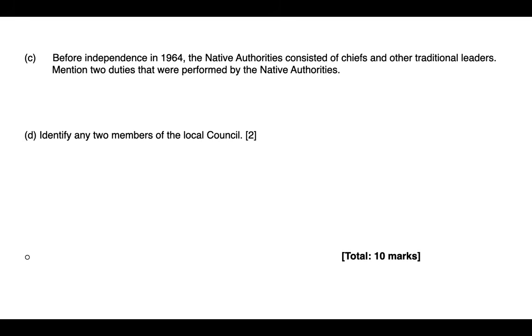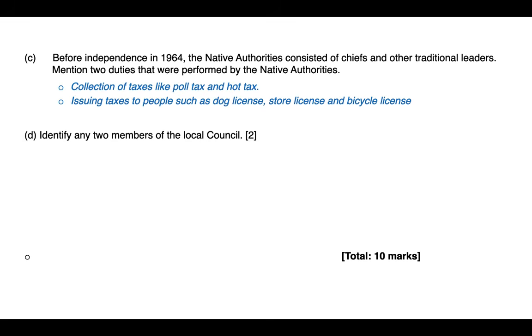They were also issuing licenses to people, such as the dog license, store license and bicycle license. In old times, bicycles had licenses. Chiefs also performed judicial functions, such as presiding over civil cases at local courts. That was one of the roles which the native authorities performed.